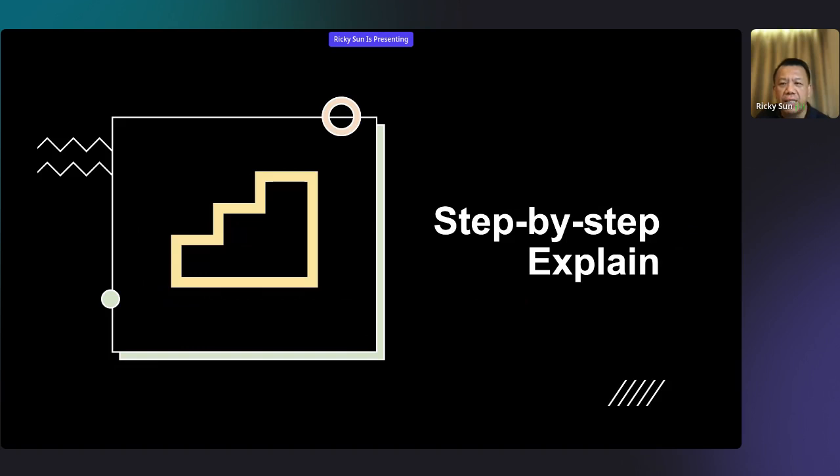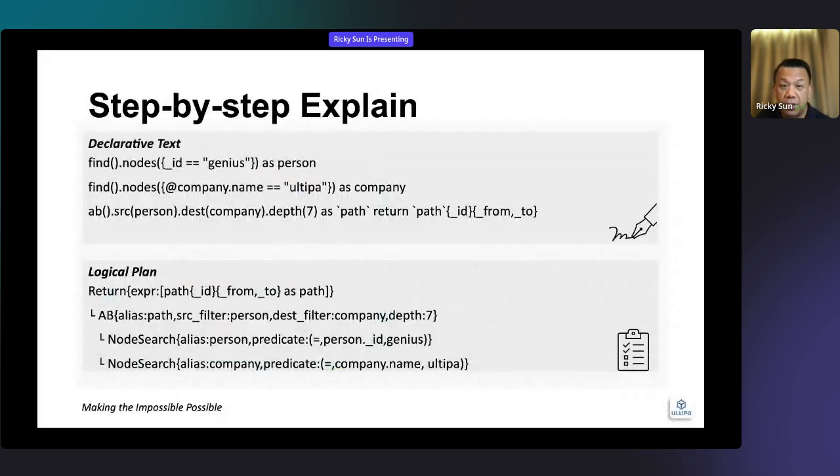Next, let's talk about the step-by-step explain, which is what I'm going to illustrate, how we do query optimizations. This is not a sophisticated one. So basically what's shown here is find nodes whose ID equals genius and give alias as a person. And also we need to, from schema, the company called Ultipa, find that company, right?